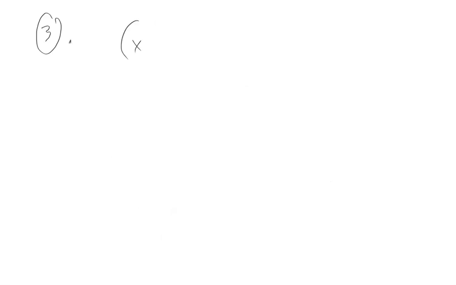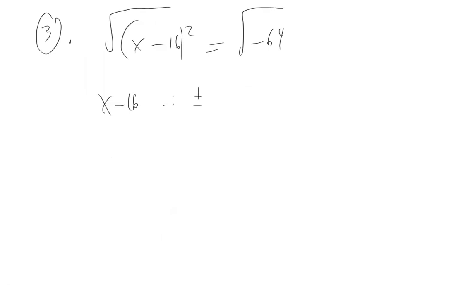So this is similar. (x minus 16) squared equals negative 64. So I'm going to apply the square root property. The square root of (x minus 16) squared is just x minus 16, equals positive or negative square root of negative 64. And remember, you learned that the square root of a negative is the same as the square root of a positive, except you have to have an i after it.